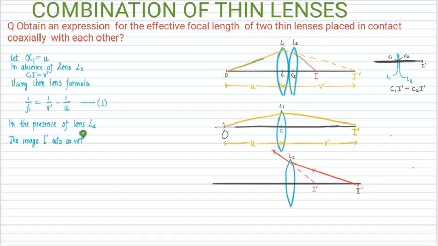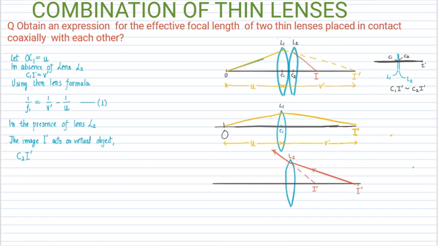If this one acts as your virtual object, in that case, what is the object distance? Object distance is C2 I dash for your lens L2.